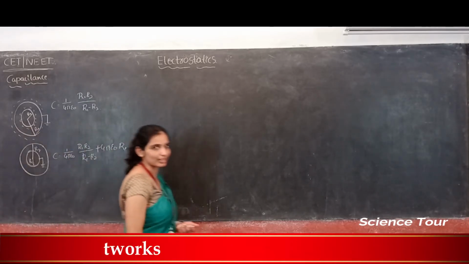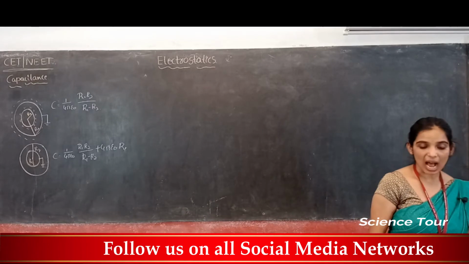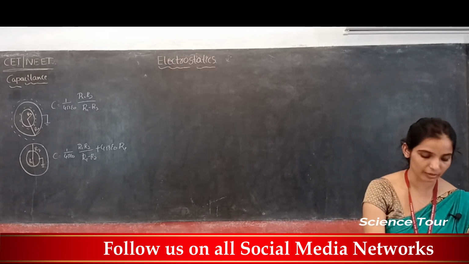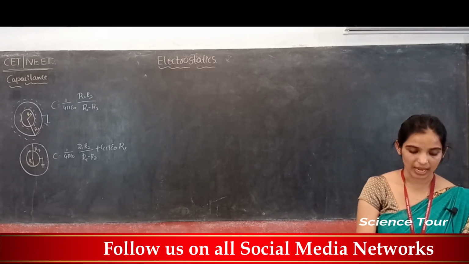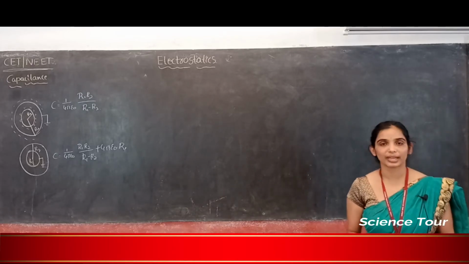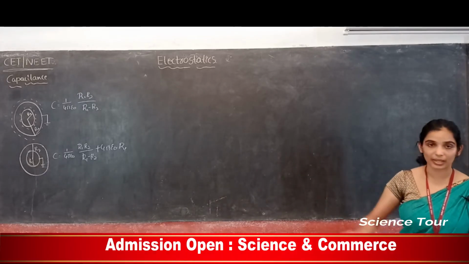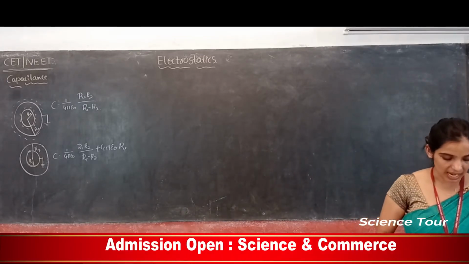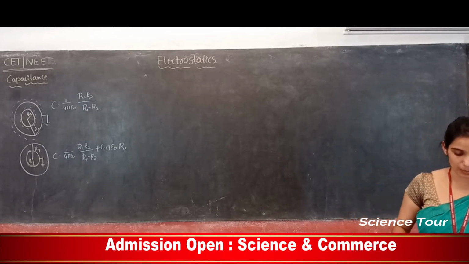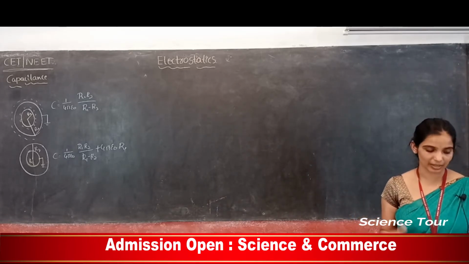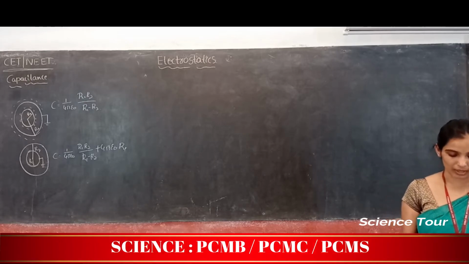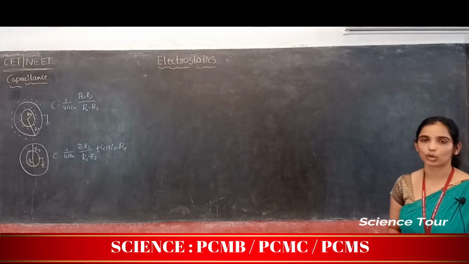You find the difference, right? In the first case the sphere of radius R2 is grounded, and in the second case the inner sphere is grounded and the outer sphere is charged.